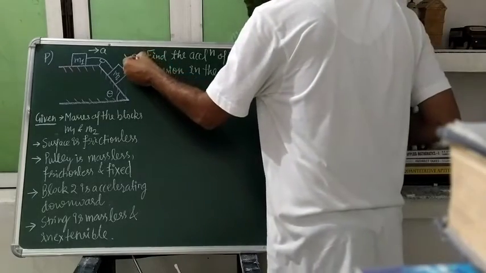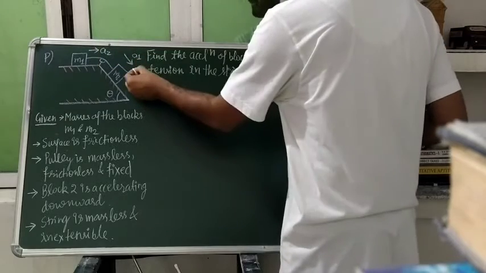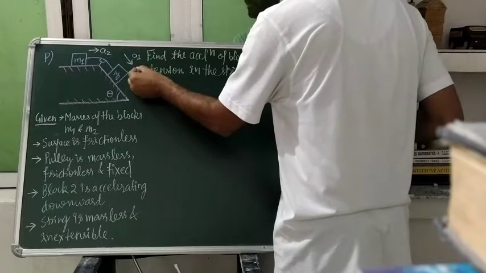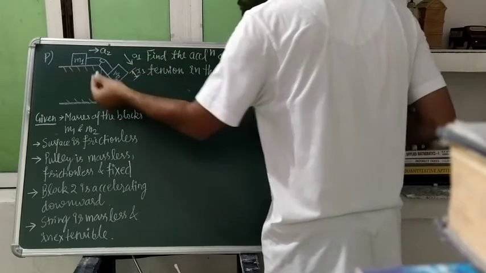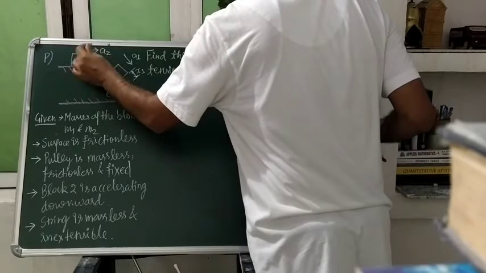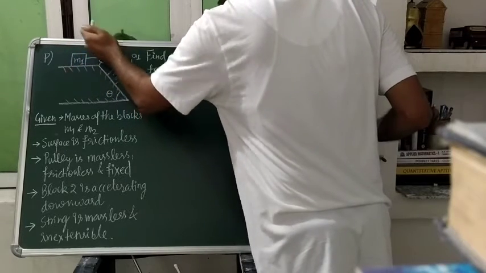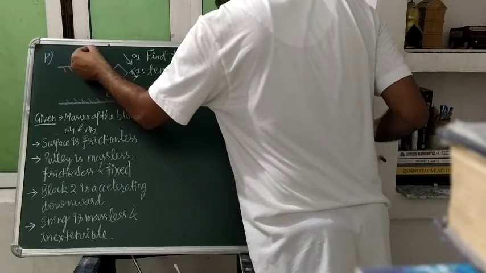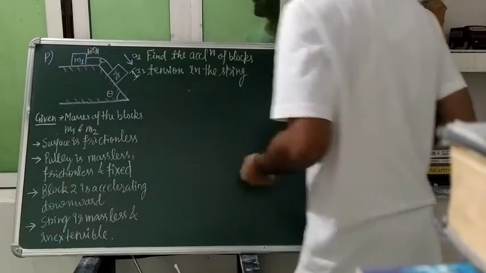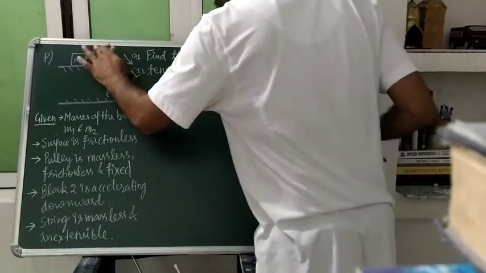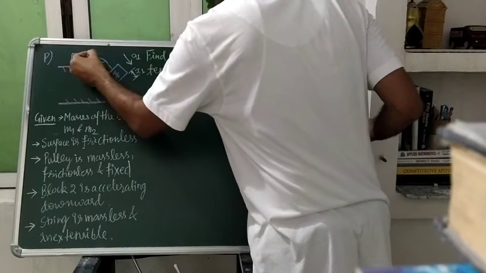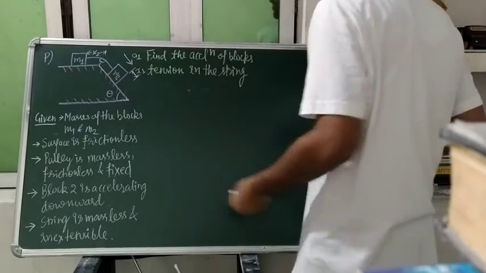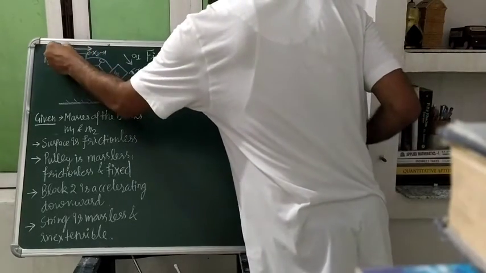Suppose the accelerations are A1 and A2, and if it is moving a distance small x1, this block is also going to move some distance, which we denote small x2, and it will accelerate in the positive x direction as well.